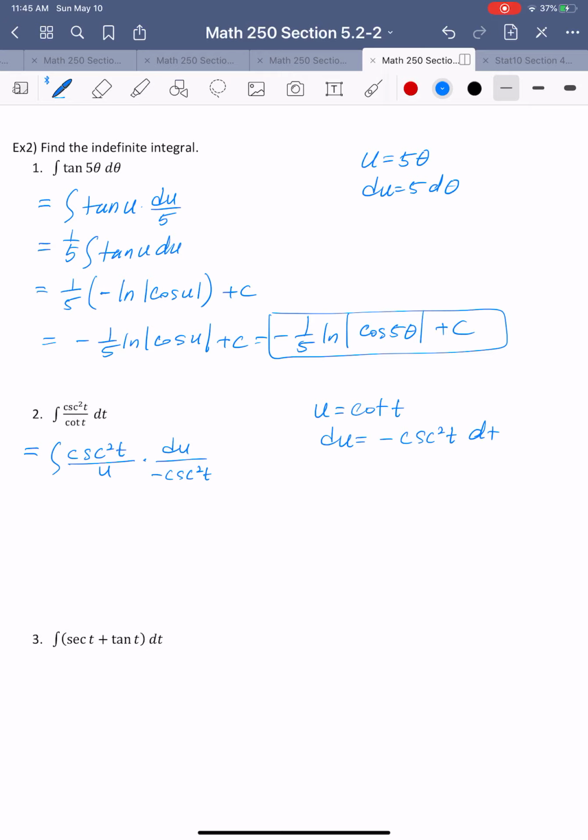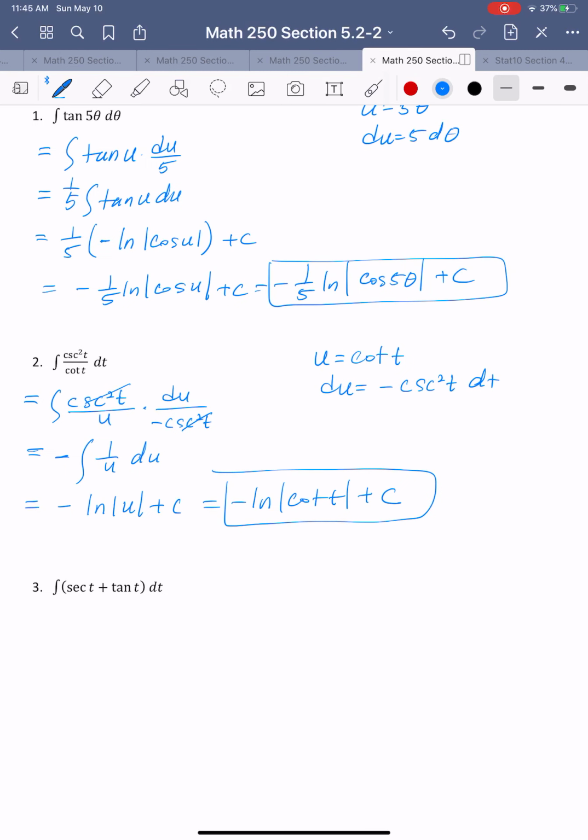The cosecant squared t cancels out. I got negative the integral of 1 over u du, which is negative ln u, and u is cotangent t, plus c.